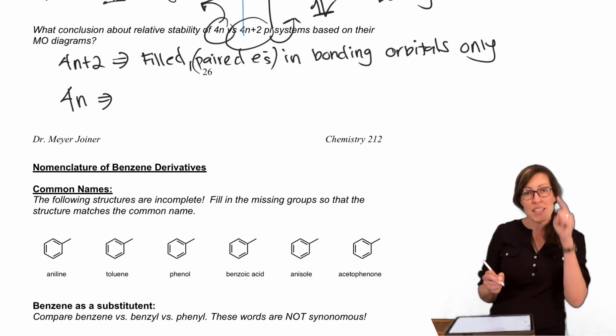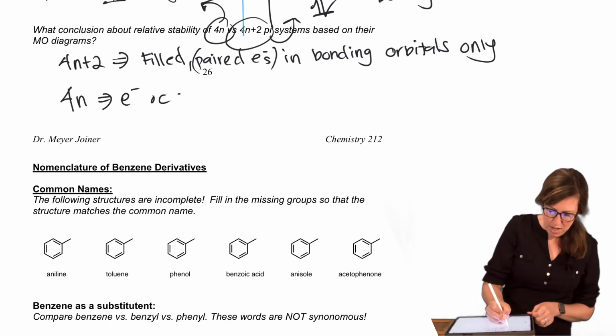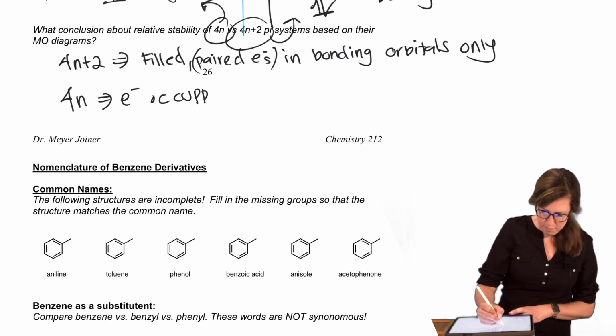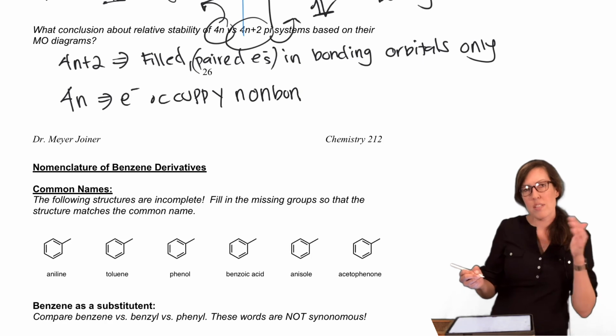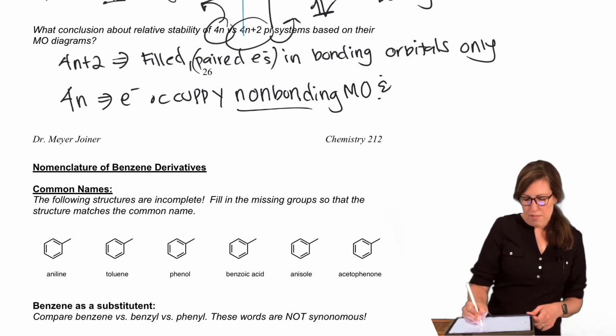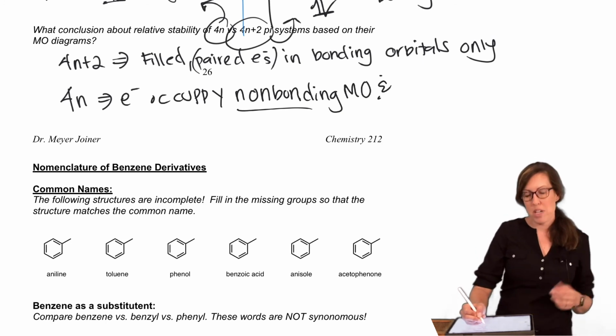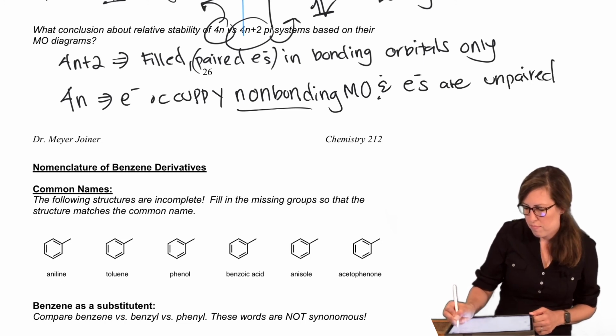In the 4n pi system, electrons occupy non-bonding orbitals. So in other words, it's not as favorable as occupying a bonding molecular orbital. Furthermore, even worse, we have some unpaired electrons. So that means it's less stable.